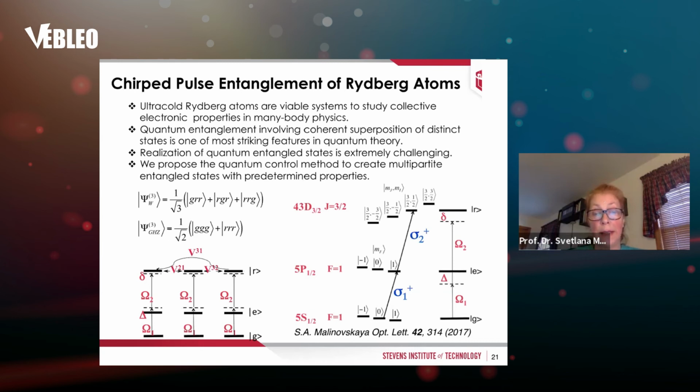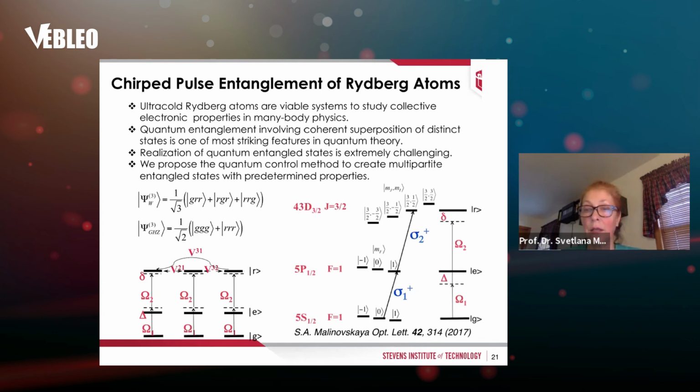So we consider a chain of alkali atoms like rubidium-87, where each atom is represented by the 3-level ladder system shown on the right panel.